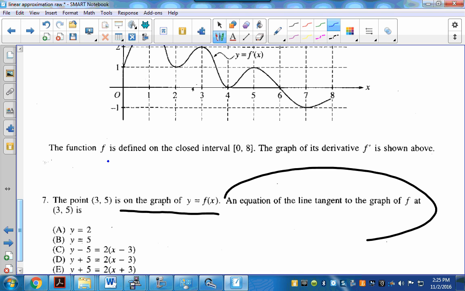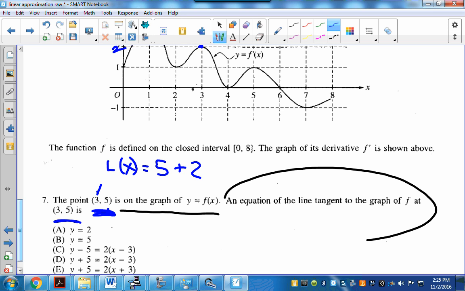Okay. So L of x is equal to the y-coordinate, 5, right? There it is, plus 2. Where'd the 2 come from? I don't see 2 here. There it is. This is the derivative, right? So we need the derivative at 3, and that is this point up here, which is 2.